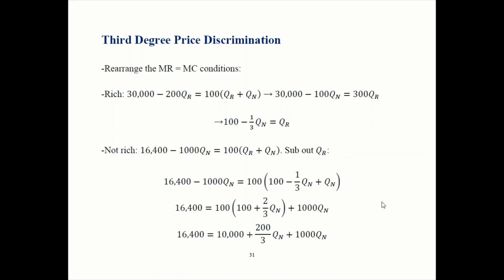Next step, I'm going to expand what's in the parentheses here. 100 times 100 is going to be 10,000. 100 times 2/3 QN is going to be 200 over 3 QN. And we still have the same 1000 QN over here.